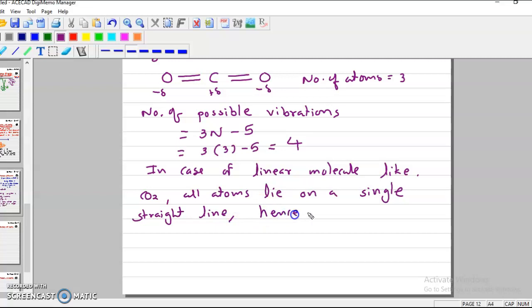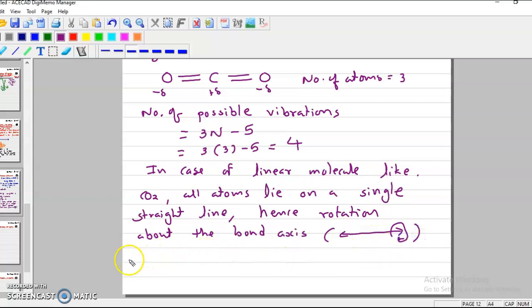Hence, rotation about the bond axis, which will be like this, is ineffective, or rather not possible.